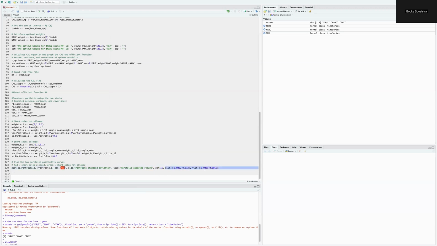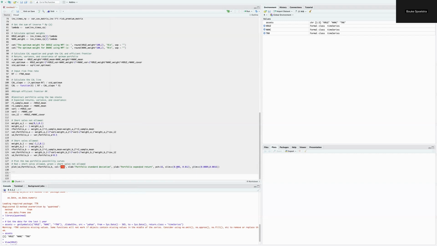The x and y axis, we're just limiting these. So I already ran this and figured out what the best numbers to limit this were, but you can start by not limiting it and seeing where the values are, or just kind of guess. This is mainly just to see the graph better. And then we also want to add the points argument to add the non-short sale points.